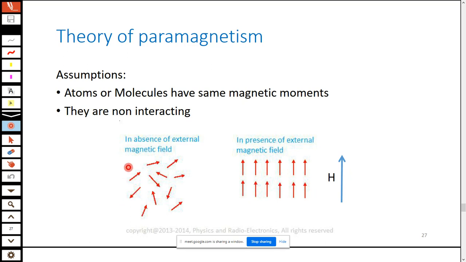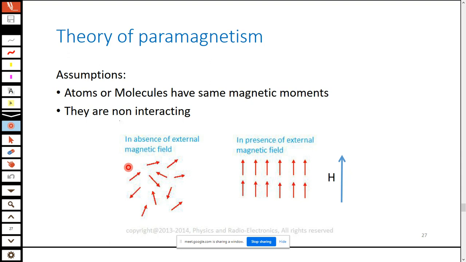To understand the theory, why are we really interested in diamagnets and paramagnets? Maybe some of you might be asking this question: paramagnets and diamagnets do not really have any application. Right now, maybe some diamagnetic properties are being exploited, but not as widespread as the use of ferromagnets.